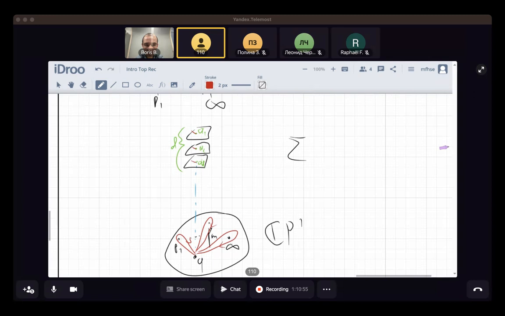And this orange contour, you can move on the back of the sphere, so you can deform it such that it's actually this small loop going back to Q, just a very small loop from here. So is it clear?